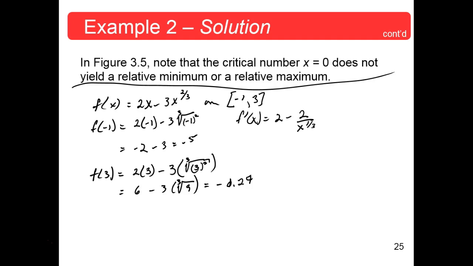Okay, if the first derivative is 0, is there any place that would make this equal 0? If x equals 0, what happens there? It's undefined. So x equals 0 is a critical number. So C1 will be 0.